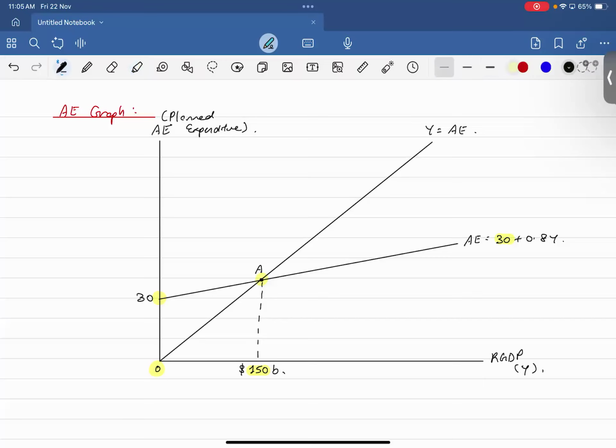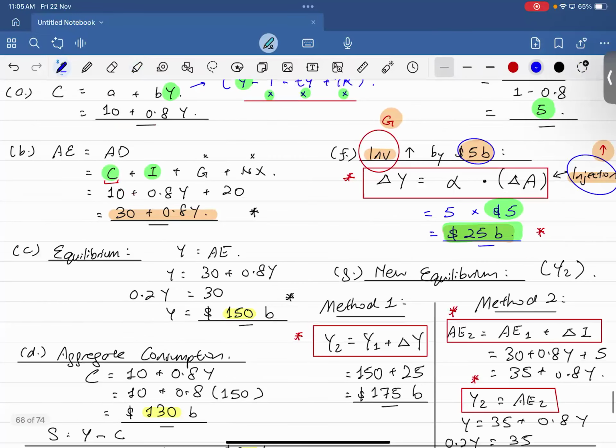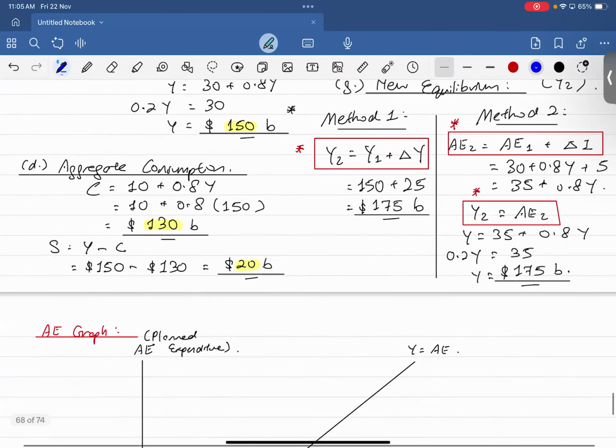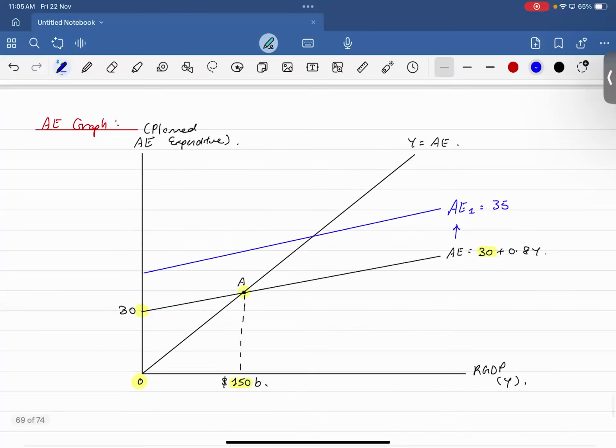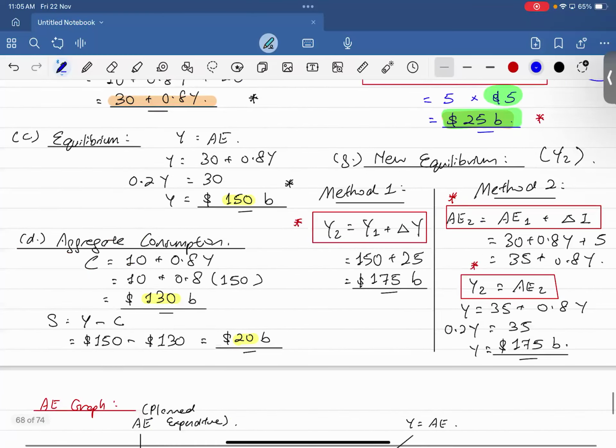Now what happens is there will be an injection. Remember we said investment increased by 5 billion. So now the AE curve will shift upwards. This is your new AE, 35 plus 0.8Y.